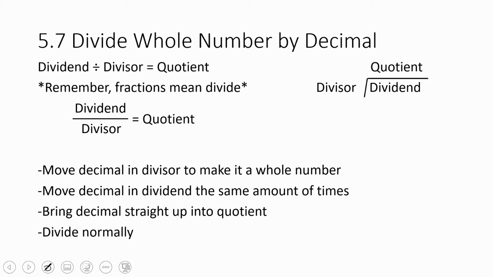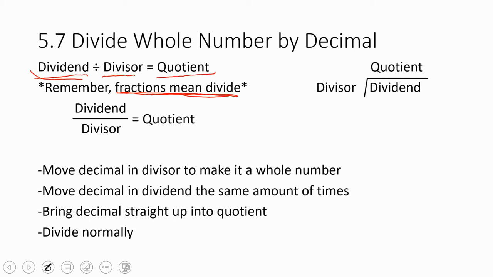Okay, so just to remind you, the terms for a division equation are dividend divided by the divisor equals the quotient. I also want you to remember that fractions mean division. If you have a fraction, it's the exact same thing as division.